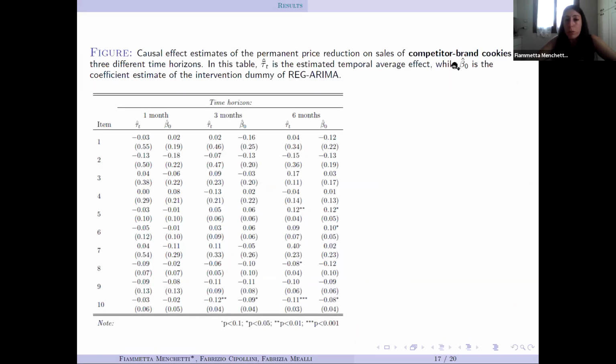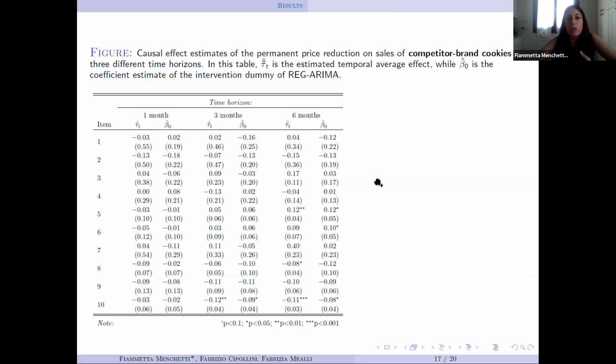On the contrary, for competitor brand cookies, we do not find evidence of positive or negative effects. At the beginning, it was surprising because we were expecting a negative effect. But in the end, it can be that there are some other factors driving consumer purchases, mainly subjective factors that we could not include in this analysis, like, for example, brand loyalty.